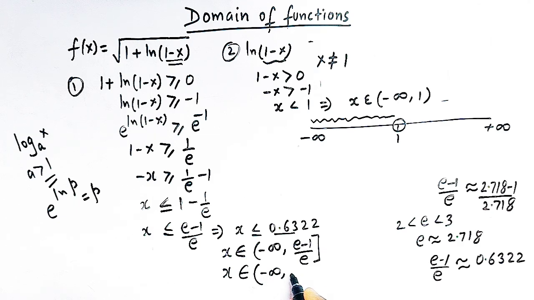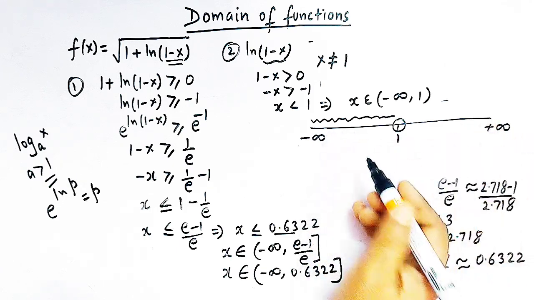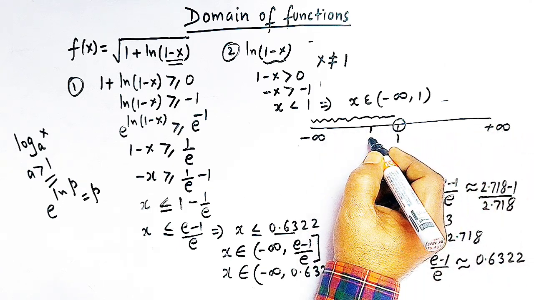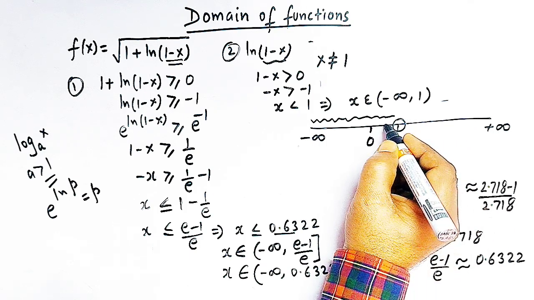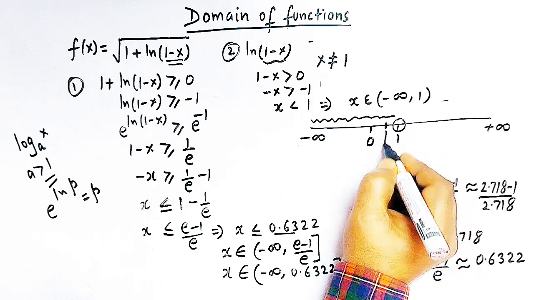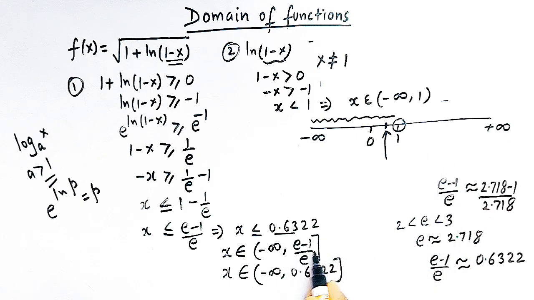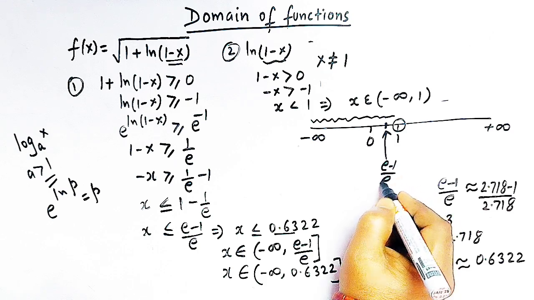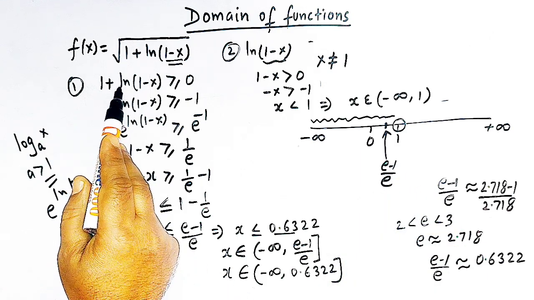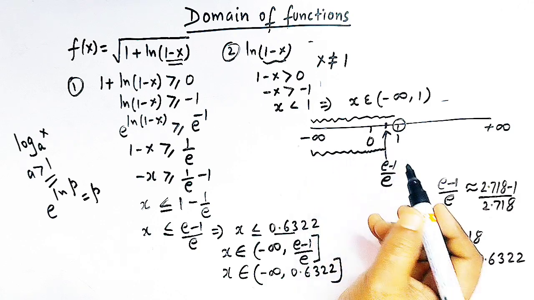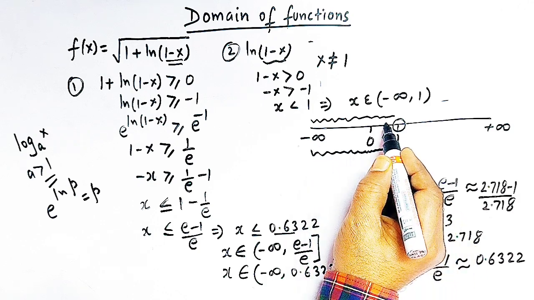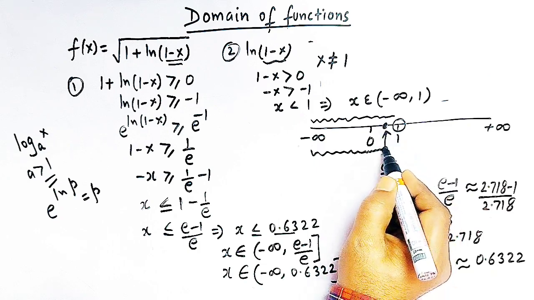So we can now write minus infinity to 0.6322, and from this real number line, here we have say 0, and 0.6322 lies somewhere here, right? So this point is e minus 1 over e, right? So the solution of this inequality is now given by this region, and obviously this point is included.